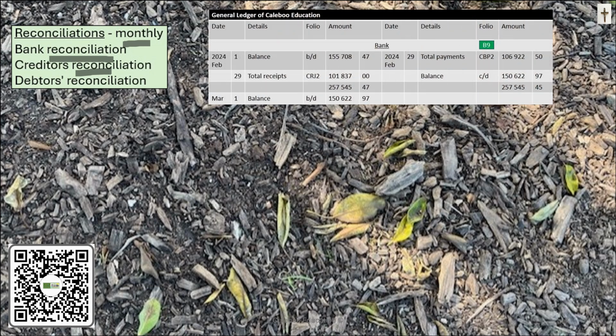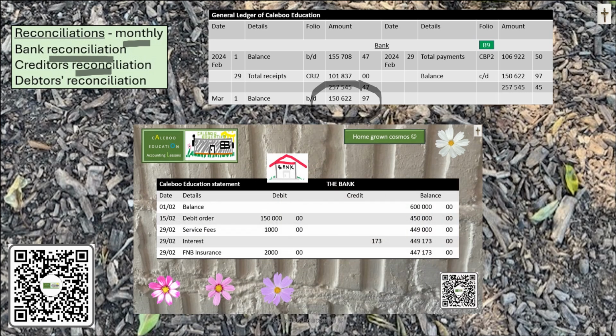So say, for example, in our books we have a balance of 150,622, but we bank with the bank, Calibu Education banks with the bank, and they send us a statement, and the balance is 447,173.